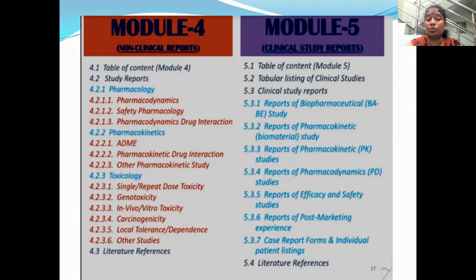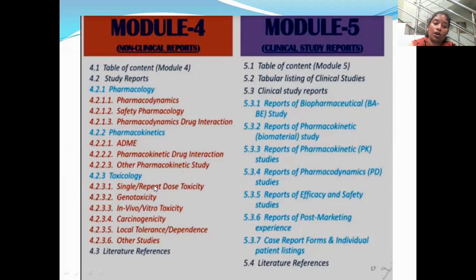So how are we measuring this pharmacodynamics? By acute pharmacological studies, by therapeutic studies, by efficacy studies we have to measure, and safety pharmacology and pharmacodynamic drug interactions we have to submit, and pharmacokinetics, I already told you, ADME and drug interactions and pharmacokinetic studies we have to submit.